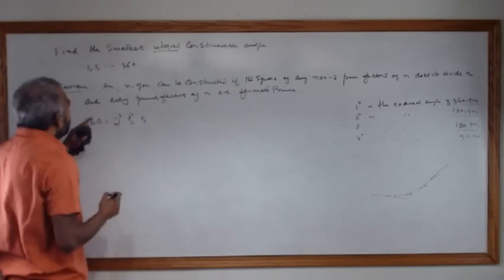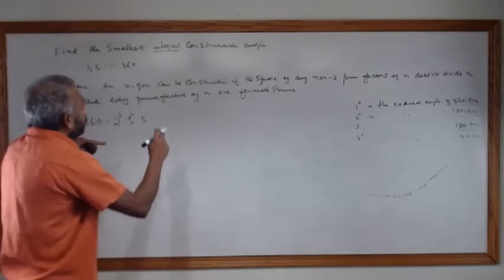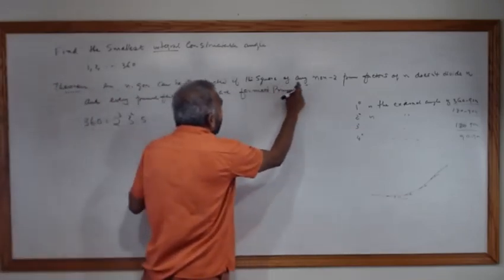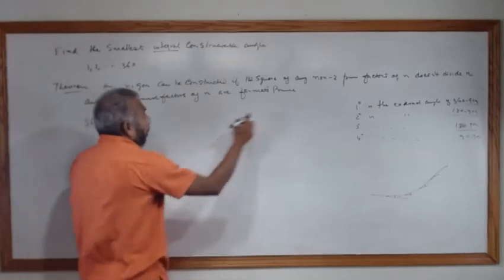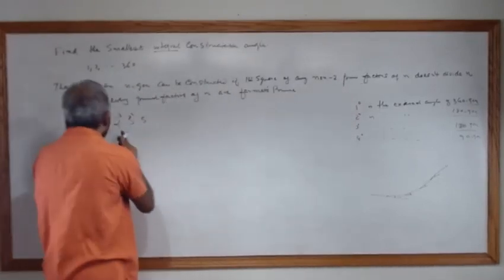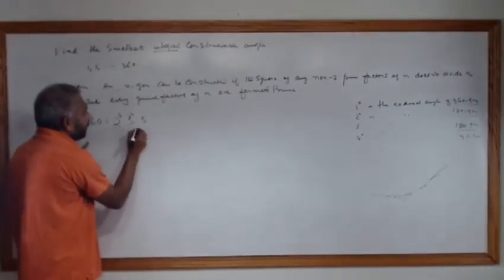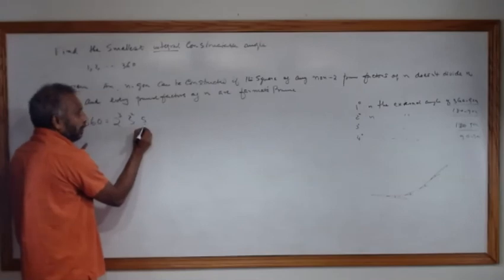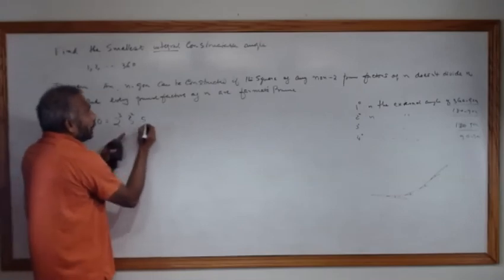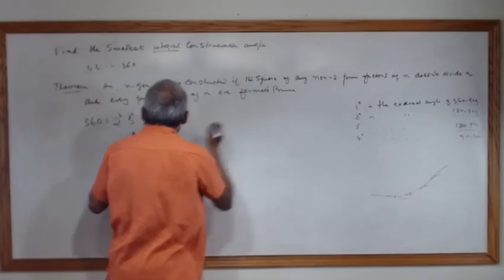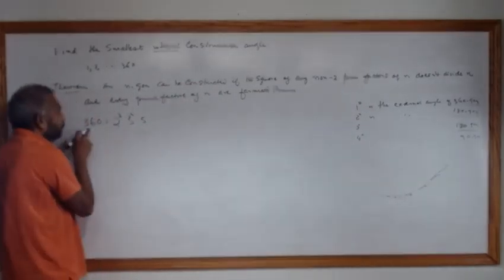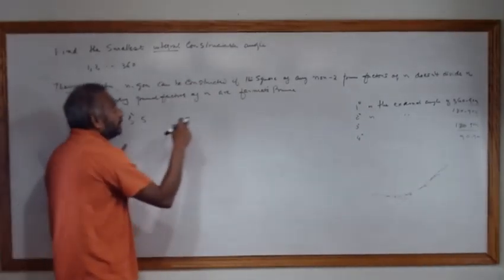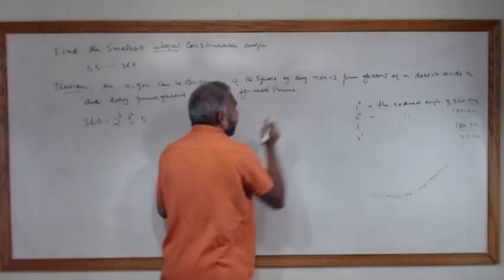See what is happening here? It says that the square of any non-2 prime factors. Non-2 prime factors are 3 and 5. So 3 square, the square of a non-2 prime factor, divides 360. So this condition is not satisfied here.